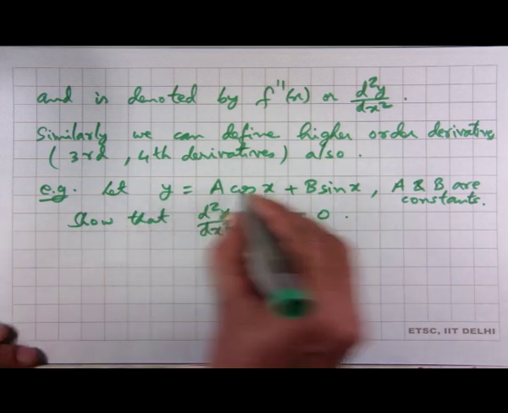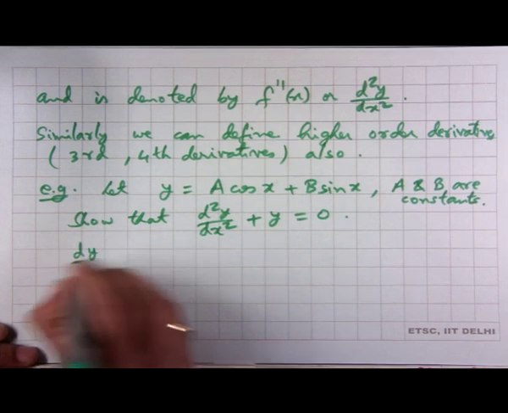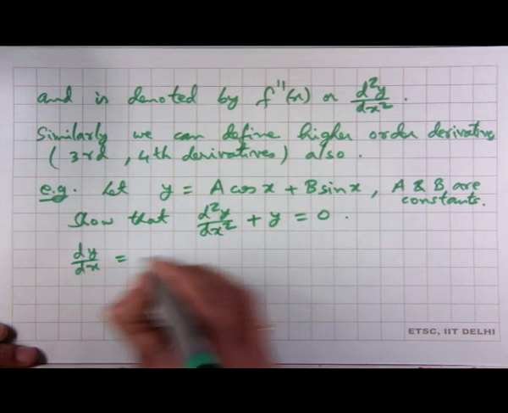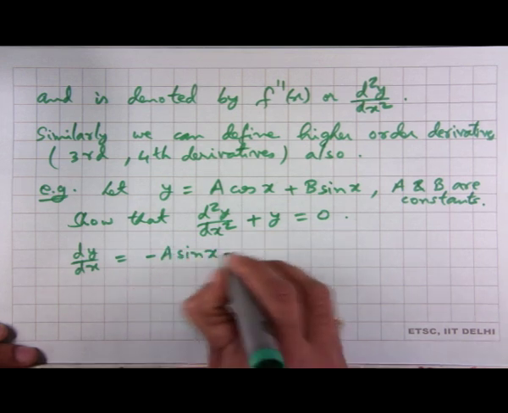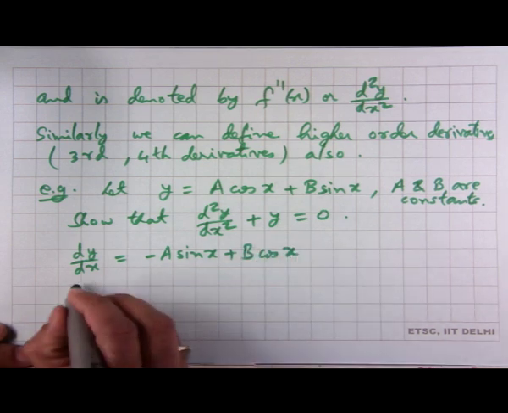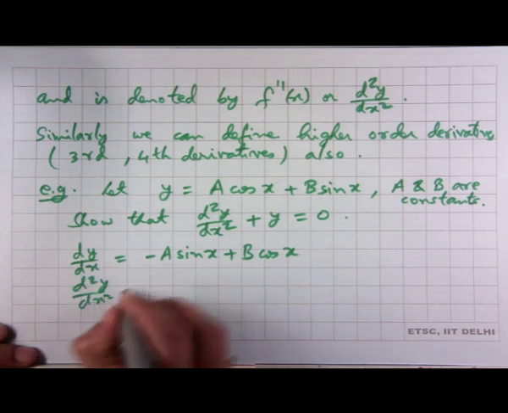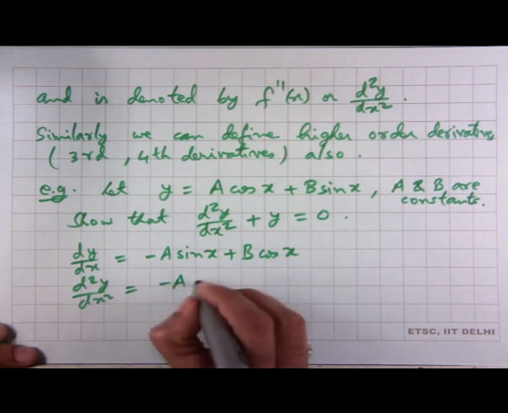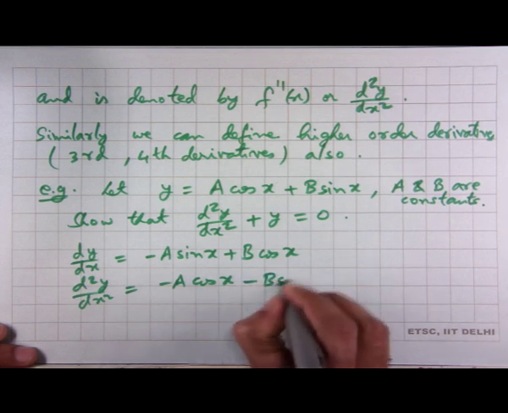So, y is equal to a cos x plus b sin x, that means that dy dx is minus a sin x plus b cos x, and so the second derivative d2y dx square is equal to minus a cos x minus b sin x.